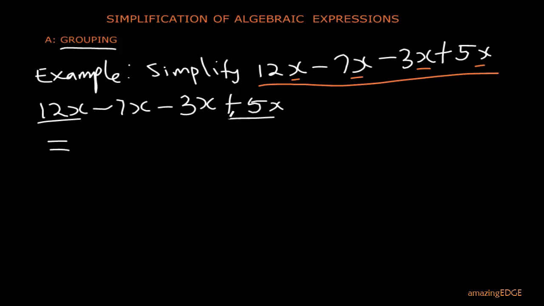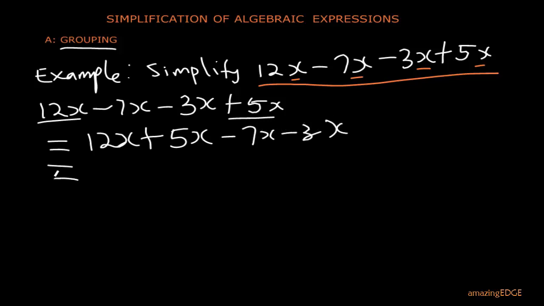So this will now give us 12x plus 5x. Okay. Now minus 7x minus 3x. And 12x plus 5x will give us 17x. Then minus 7x minus 3x will give us minus 10x.